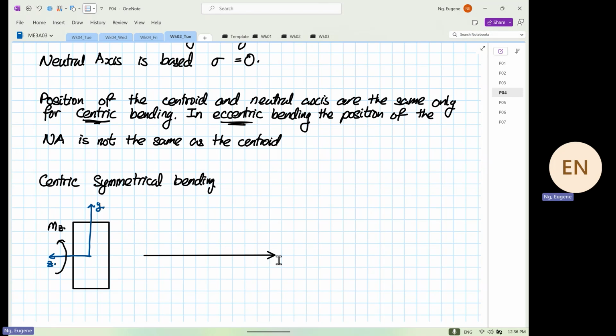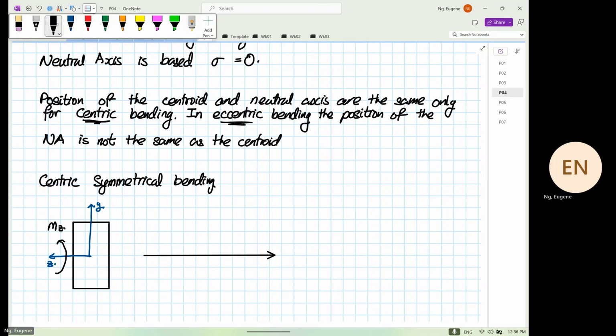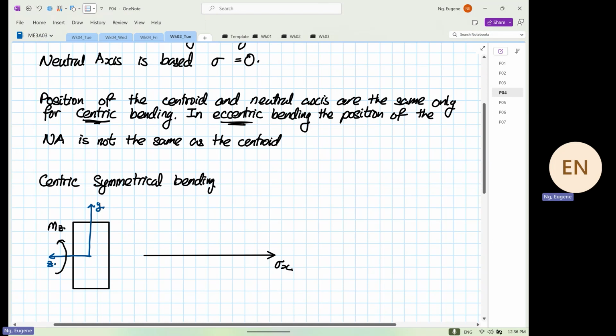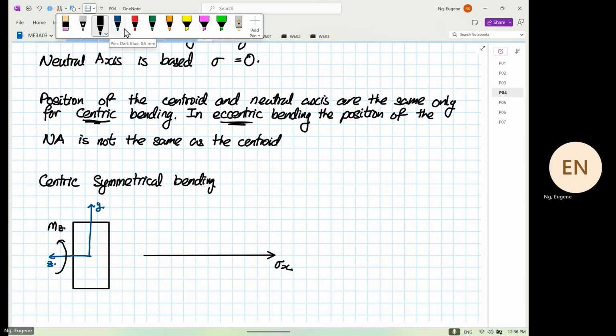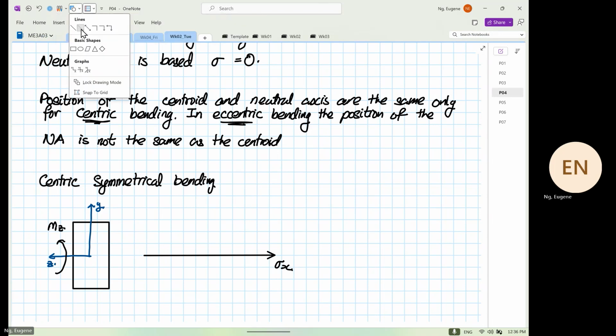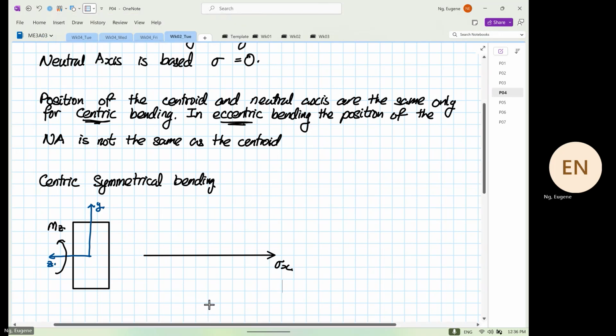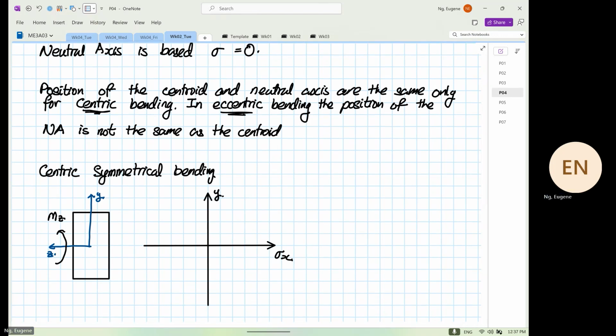So this is our normal stress in the X position, and for this case, this is our Y. We know anything on the right-hand side is positive or tensile. Anything on the left-hand side is negative, compression.